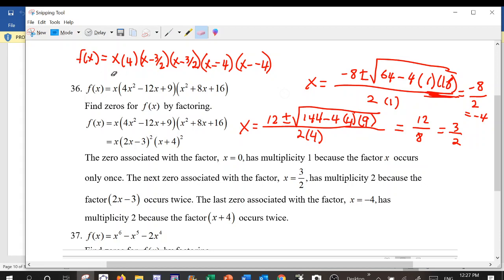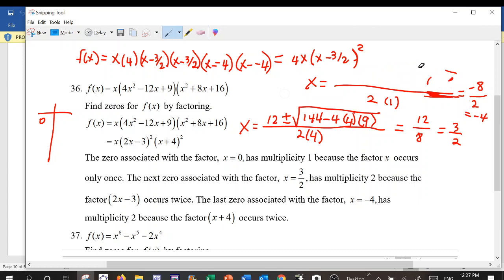So they're what? The roots are 0 for x. And then we got, if you write this way, put the 4 before x. So it would be 4x. And then x minus 3 halves to the second power, right? Let me erase that, we don't need it anymore.